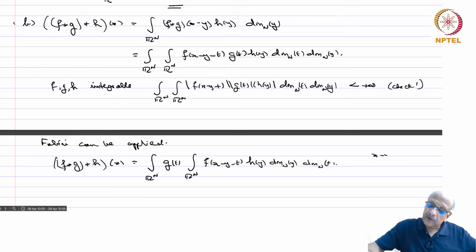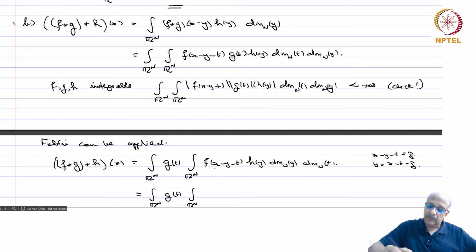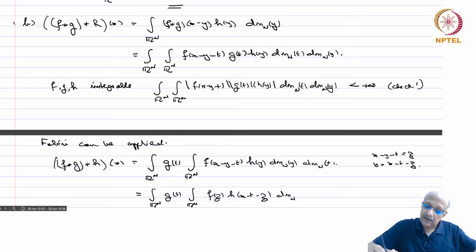Now you put x minus y minus t equal to z, and then y equals x minus t minus z, and therefore this becomes the integral over R^n of g(t) times the integral over R^n, the same as we did for the commutativity, of f(z) h(x minus t minus z) dm_n(z) dm_n(t).